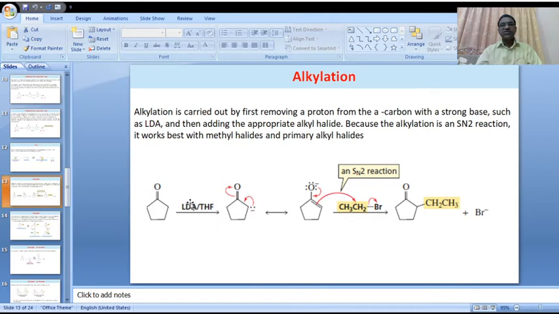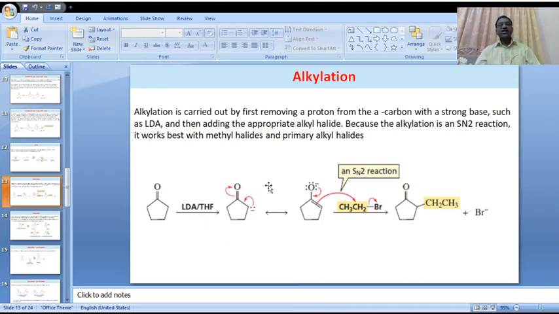What happened in the first step? From the 5-member ring carbonyl compound, a proton is removed from the alpha carbon. This alpha carbon gets negative on removing the proton in the presence of the strong base, that is LDA.